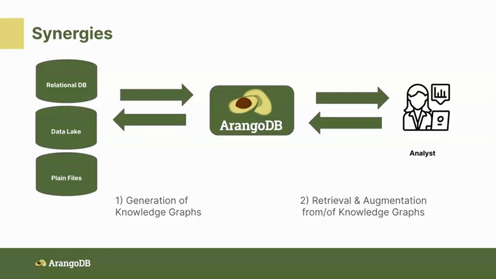Secondly, you can see LLMs being used to read KGs, i.e. retrieve and augment information from these graphs. They use the structured data within any graph database to provide the context-rich, accurate answers that a user or an analyst is expecting. And so this creates a powerful loop where the data is constantly being refined and expanded upon.